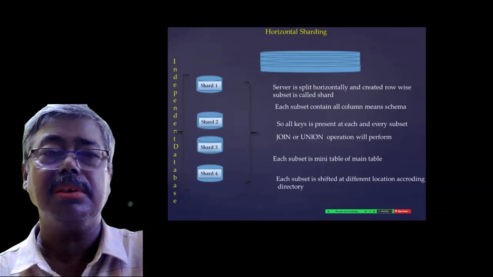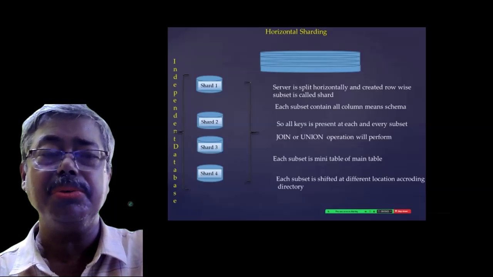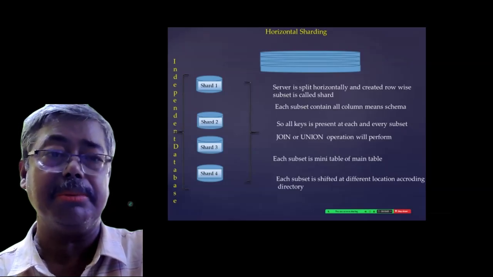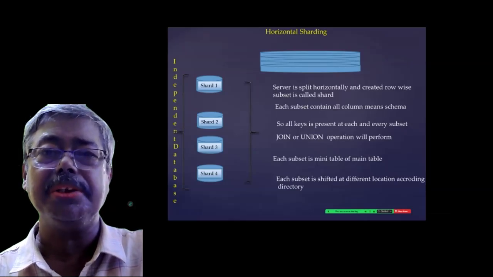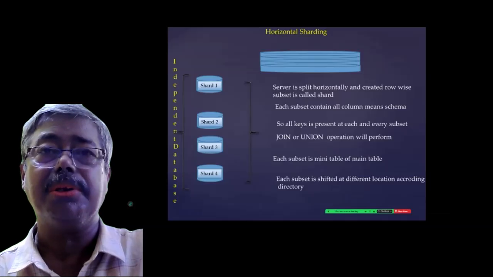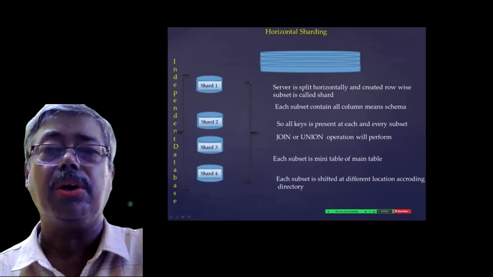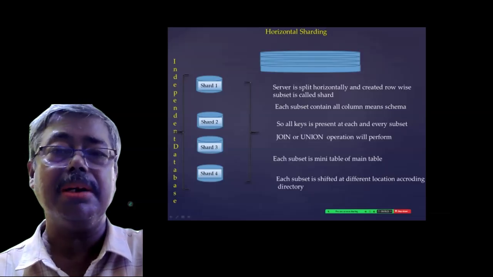Shard 1, shard 2, shard 3, shard 4 work as independent databases. The split copy of the horizontal sharding is shifted to the shard. Each subset contains all columns of the schema.